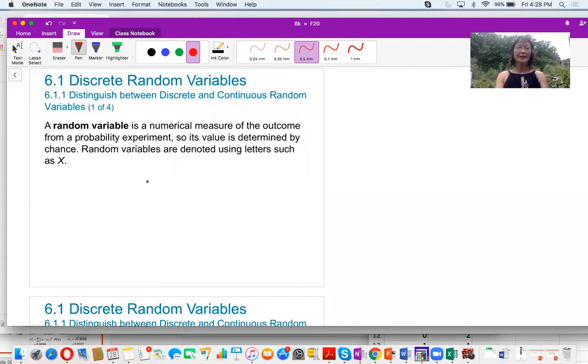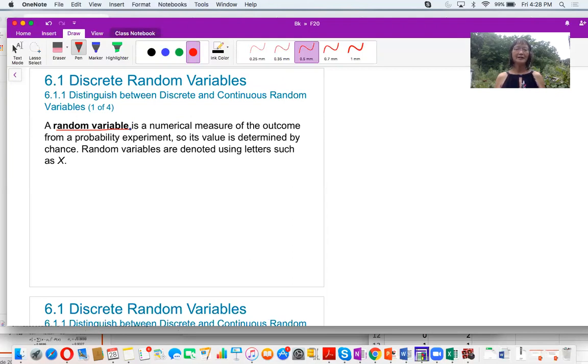So first concept, what is a random variable? A random variable is a numerical measure of the outcome from a probability experiment. So its value is determined by chance.